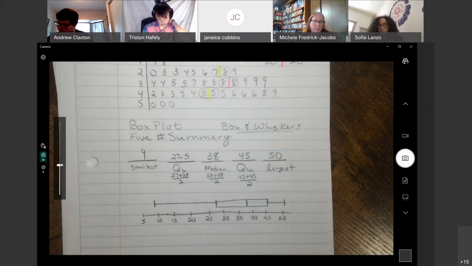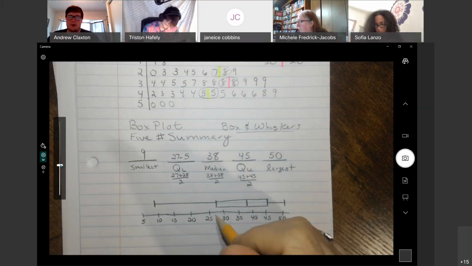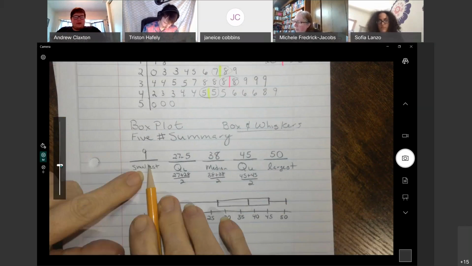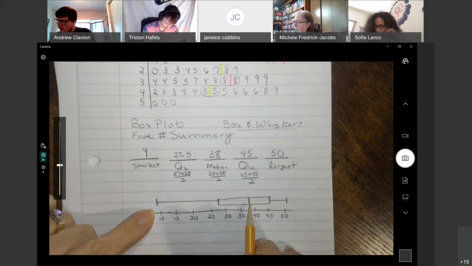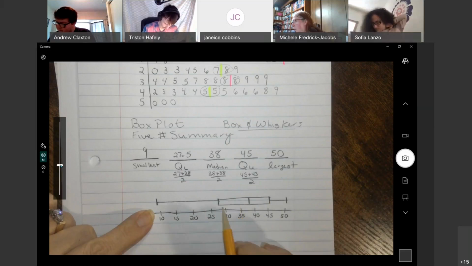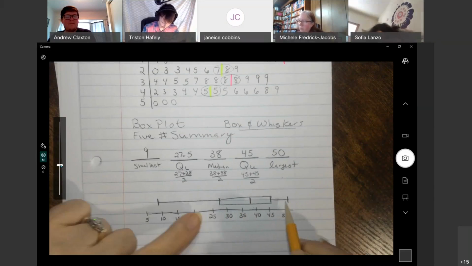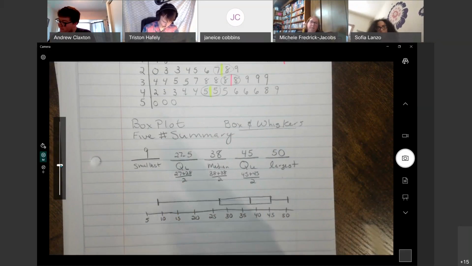Why did you put that box there again? It's just your upper quartile and your lower quartile, and then the median in the middle. Right. Okay. So I put a line up for each of them, and then the middle gets a box, and then the outside 2 get a whisker. This one's stretching a lot more than the rest, so it's probably an outlier.